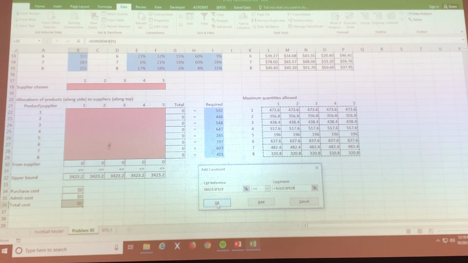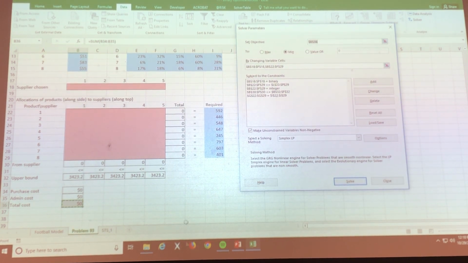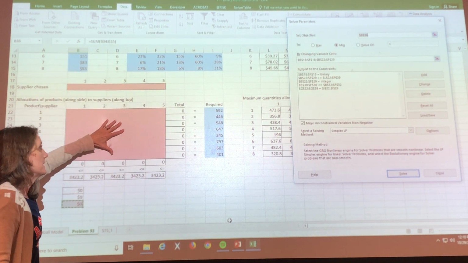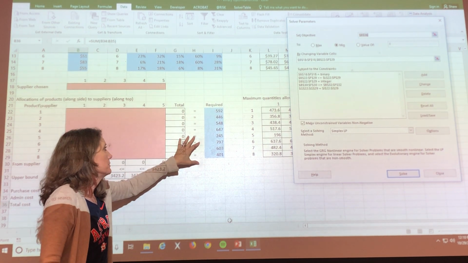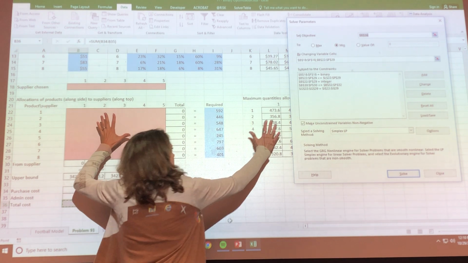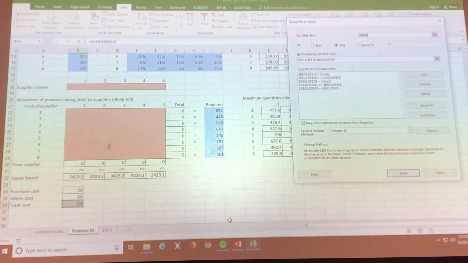So in total, what you have are 5 constraints. One of them's the binary, one of them's the integer, getting the amount that's required, making sure you don't exceed an upper bound, and making sure that these quantities don't exceed 80% on any given one.